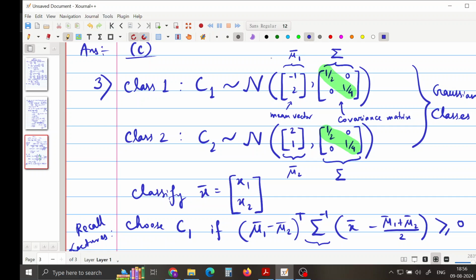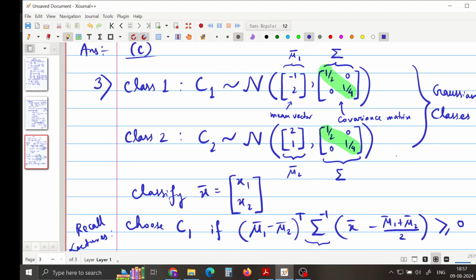And for diagonal matrices, the inverse is simply another diagonal matrix with the diagonal entries being the reciprocal of the previous values.